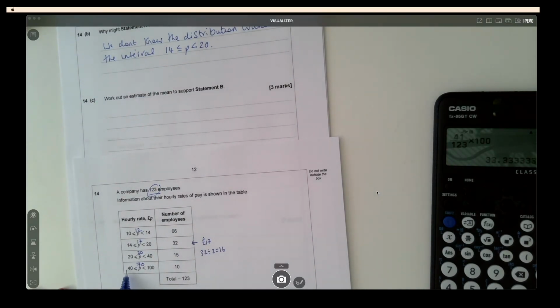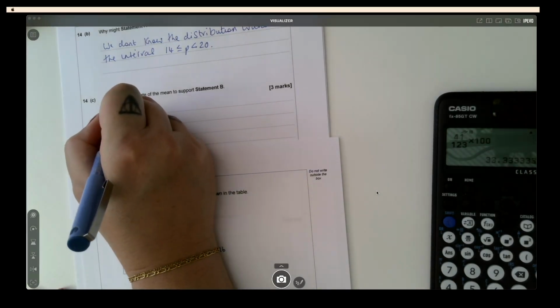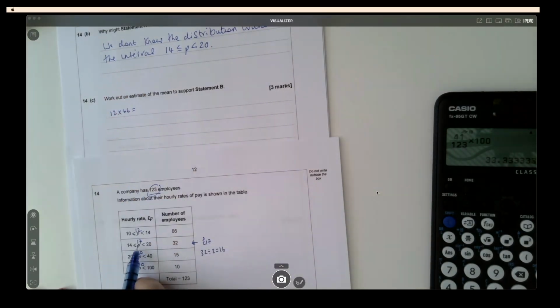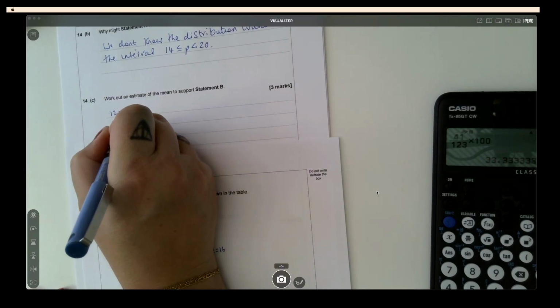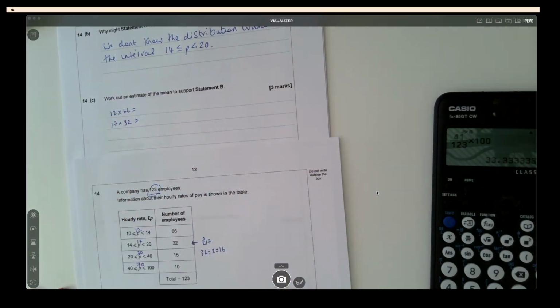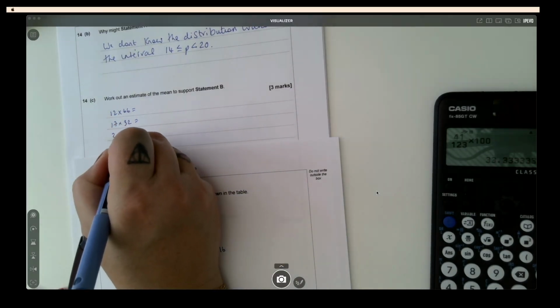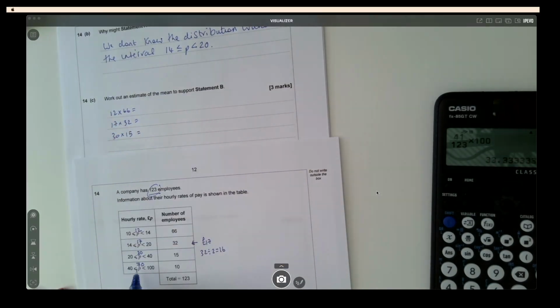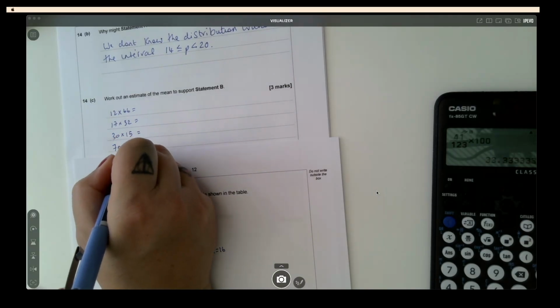If you're not sure, 40 plus 100, 140 divided by 2 is 70. And then what we're going to do is times these values by the number of employees. So we're going to have 12 times 66, 17 times 32. We can do this because it's an estimate. 30 times 15 and then 70 times 10.